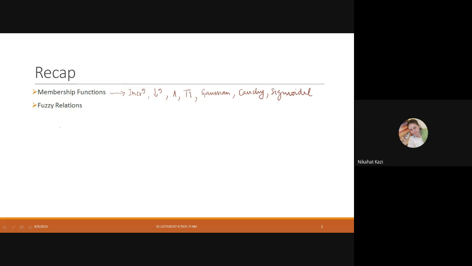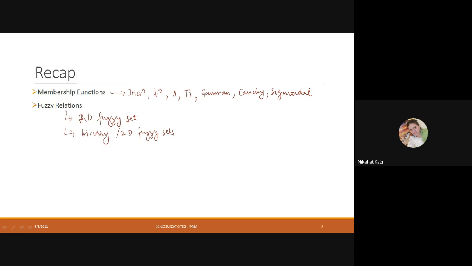What is a fuzzy relation? A fuzzy relation is an n-dimensional fuzzy set. In particular, we looked at binary fuzzy relations, that is, 2D fuzzy sets.